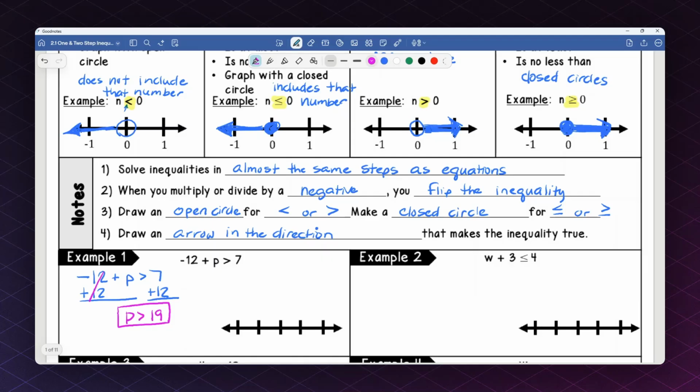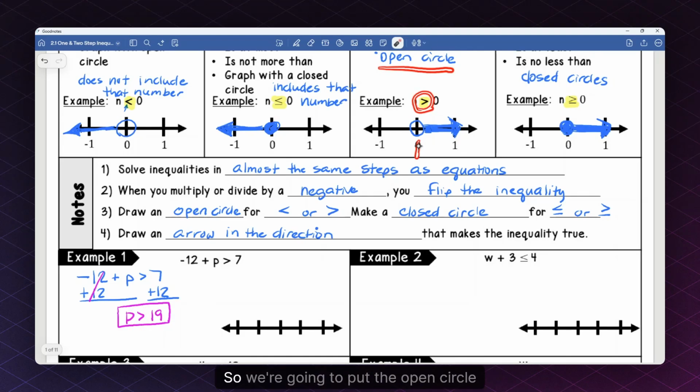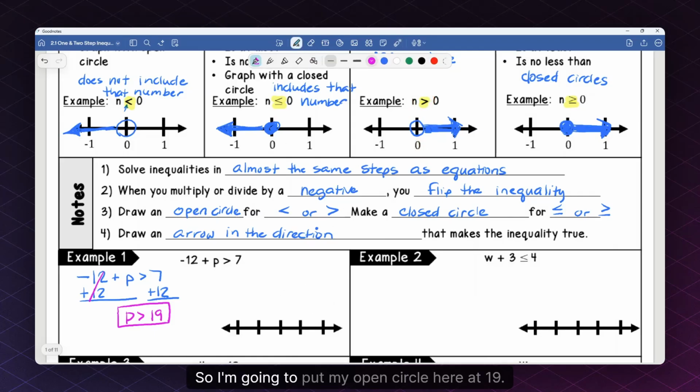So when we look at this, we see that it's this guy, the greater than. And so how do we draw that? We look up here. We're going to use that open circle, right? So we're going to put the open circle, and then we're going to shade in the direction that makes it true. So I'm going to put my open circle here at 19. And so over here would be 20 and 21.